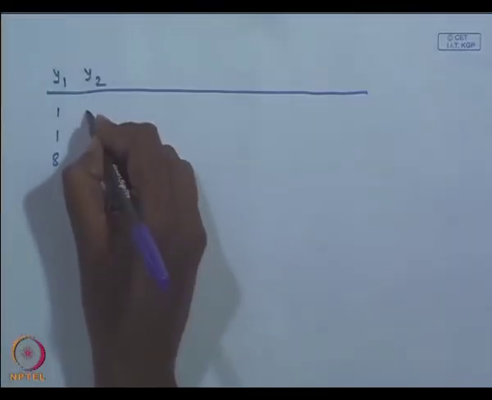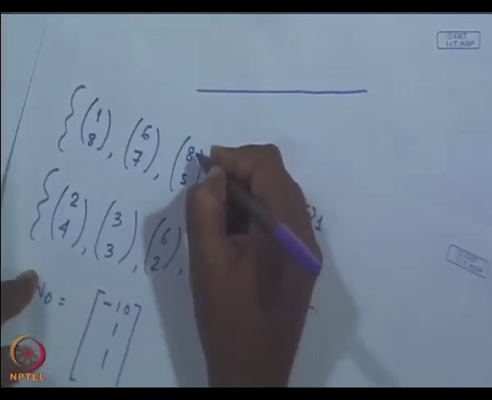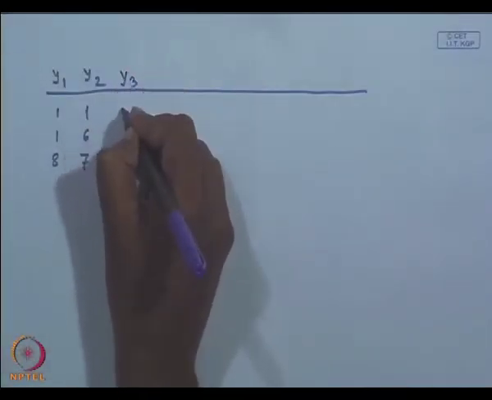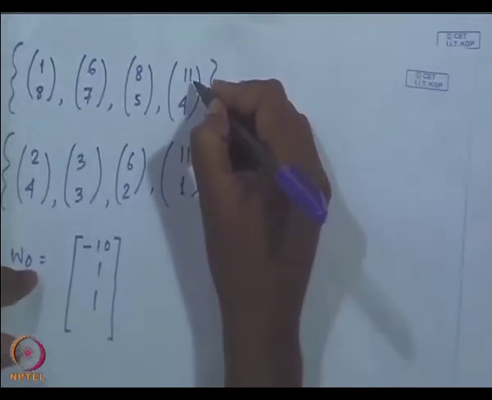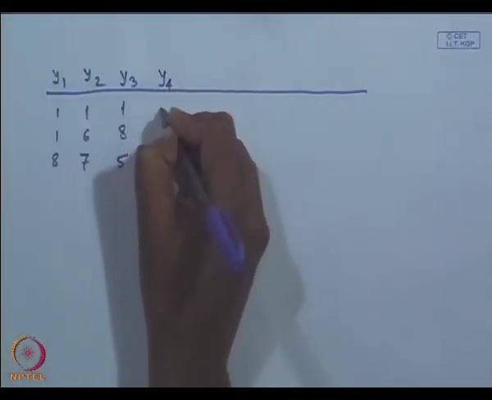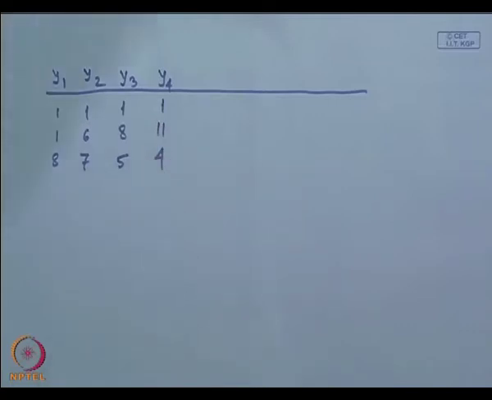So, I will get 1 6 7, y 3 is 8 5. So, y 3 will be 1 8 5, y 4 is 11 4. So, I will have y 4, which is 1 11 4. So, these are the appended samples or modified samples from class omega 1.